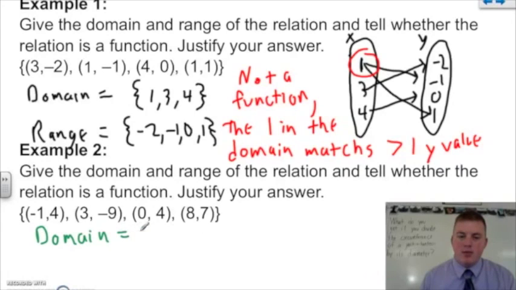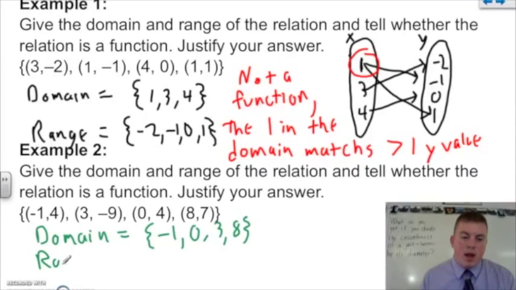Domain is x values. I'm going to start off with my beautiful little butterfly brackets. And I'm going to list the numbers that I have. So I have a -1. I have a 0. I have a 3. And I have an 8. Alright, so that's my domain. Pretty simple.